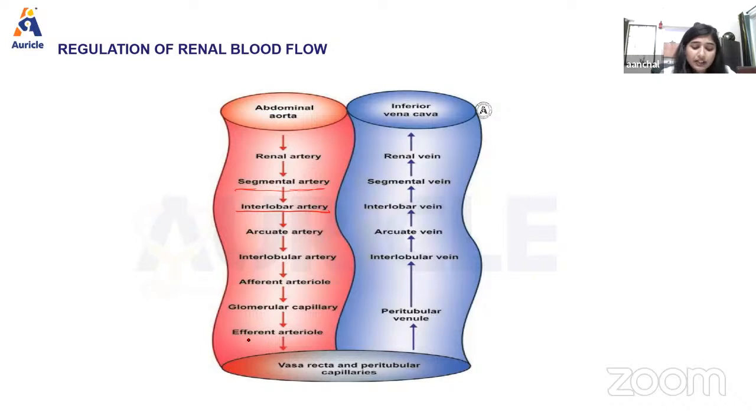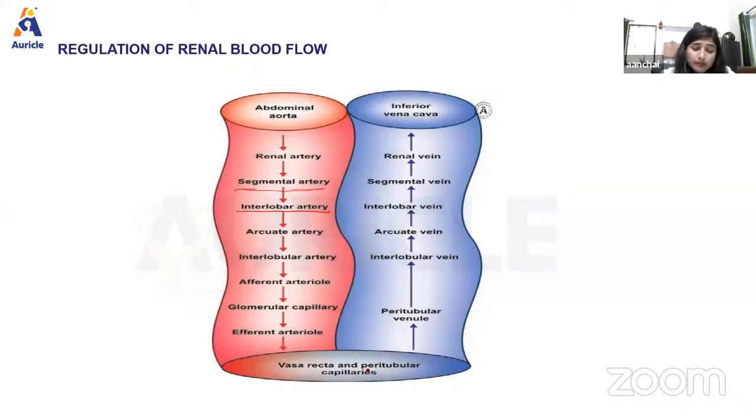From this efferent arteriole, the second capillary network is formed, known as peritubular capillaries, right? Which surrounds the tubular portion of the nephron, as we have seen in the last lecture. And the renal circulation forms a portal system by the presence of two sets of capillaries: the first glomerular, and second peritubular capillaries, right?